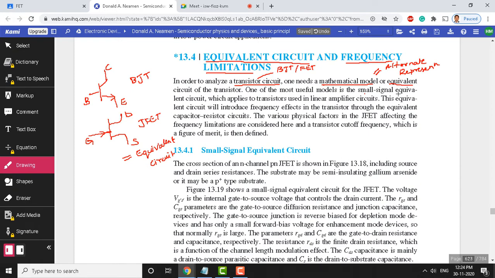There are a variety of models, small signal model and large signal model. Right now we discuss only about a small signal equivalent circuit model. This model can be used in applications where we deal with small signals. Example is amplifier circuit. The best example for small signal circuit is amplifier circuit.